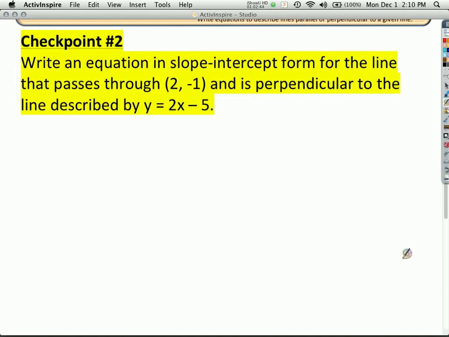Team G. Y equals negative 1/2 x plus 0, which is undefined. Okay. Did you all agree? Yes. Okay. Team H. Y equals negative 1/2 x. So it sounds like you all said basically the same thing. Y equals negative 1/2 x.